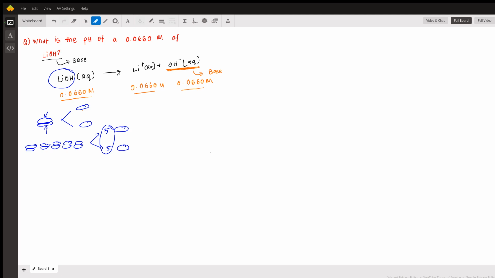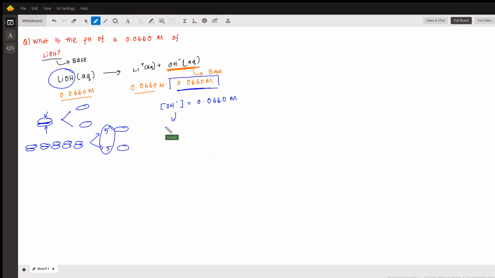Now we know that we have this much hydroxide. So the hydroxide concentration is 0.0660 molar.